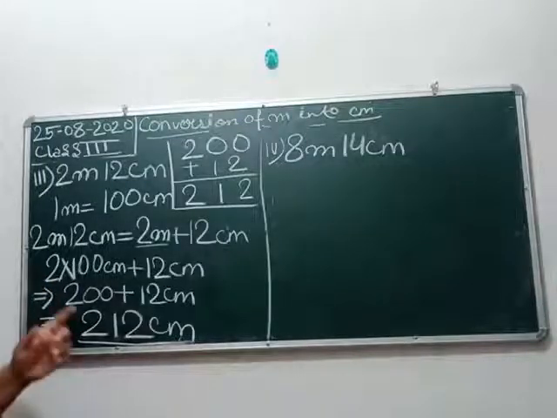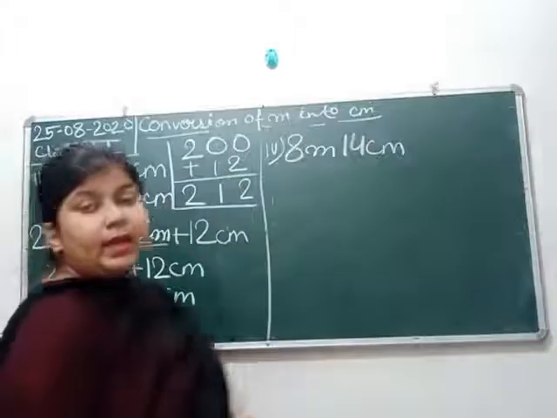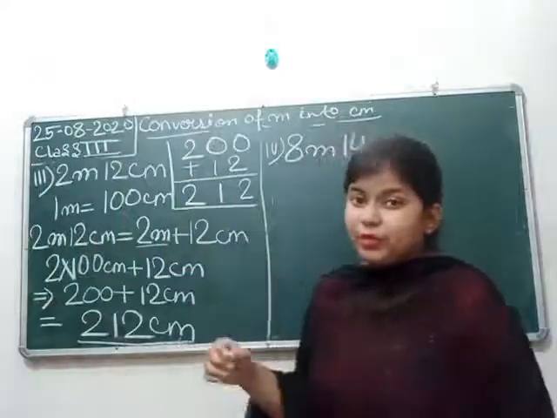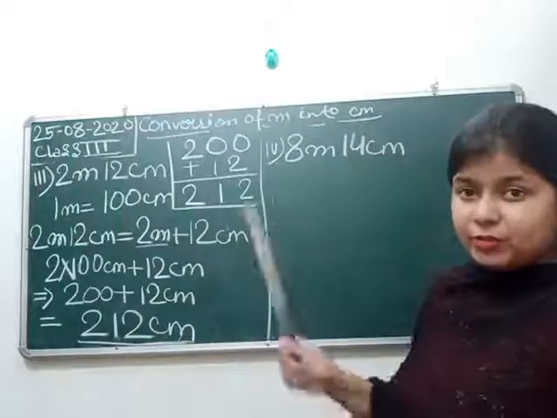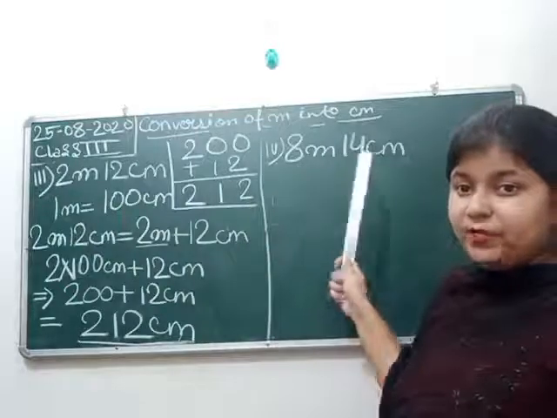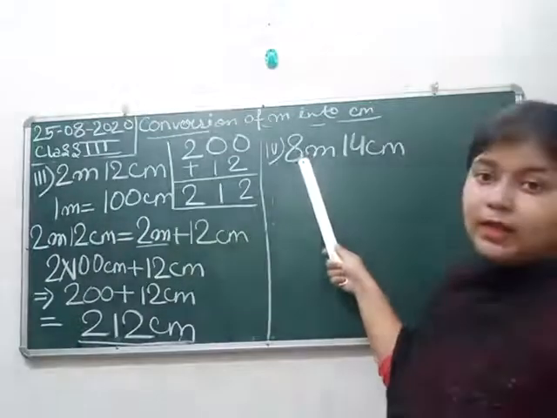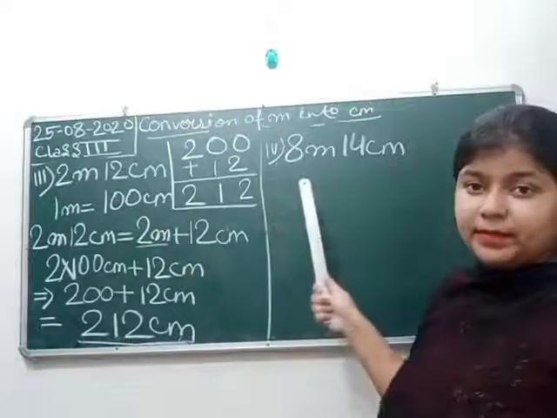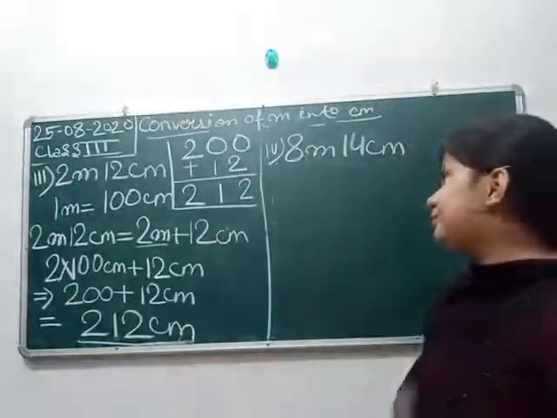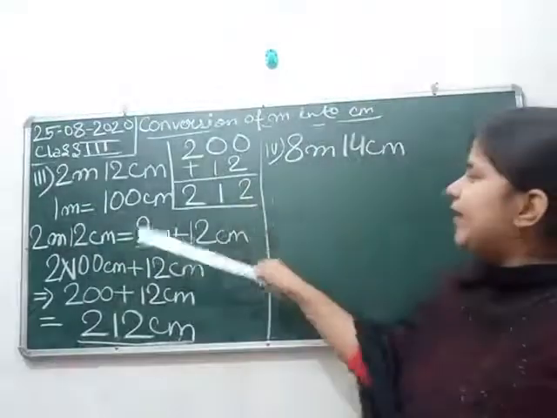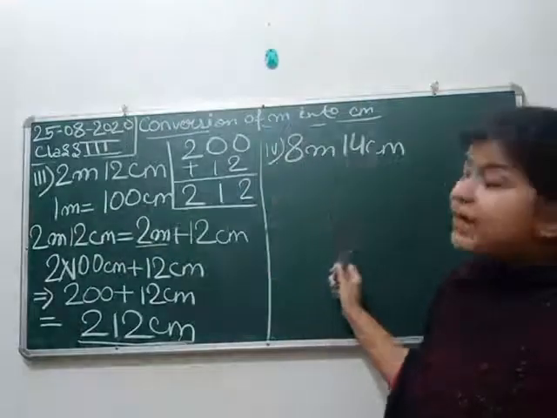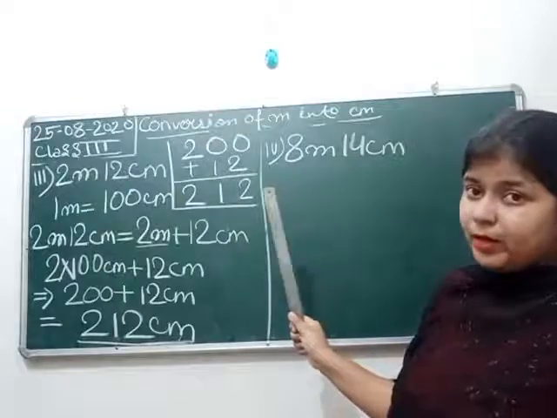Okay. Now, here we have our next question. This question is 8 meter 14 centimeter. See, first line, that is 1 meter equals 100 centimeter, that will remain the same. Okay.